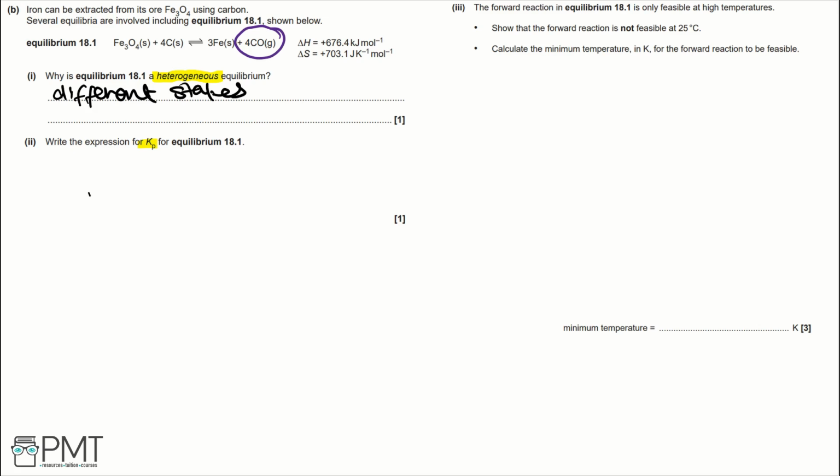So when writing an expression for Kp, we use carbon monoxide, we write P, CO, g, and then the stoichiometry, or the big number in front of carbon monoxide, in this case 4, is what we raise the power to. So we would raise the carbon monoxide to the power of 4. To get the mark for this question, you need to write Kp equals P, CO, gaseous, to the power of 4.